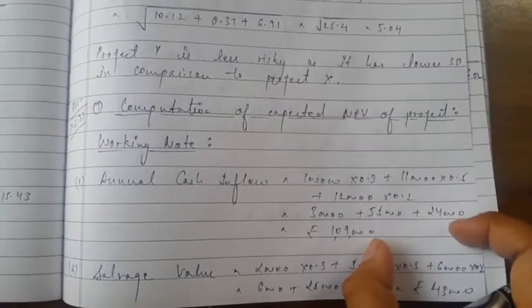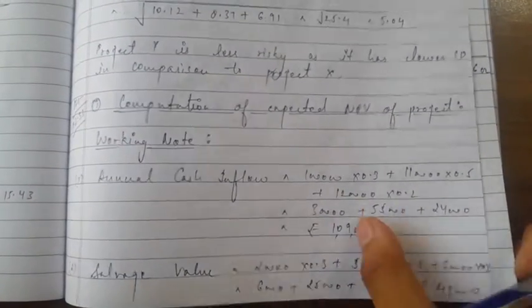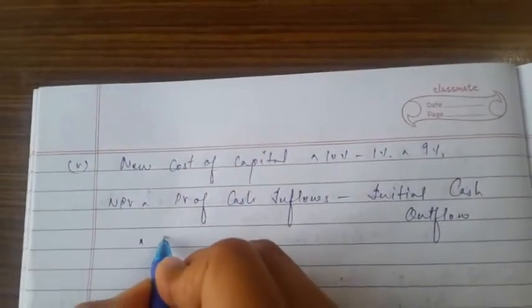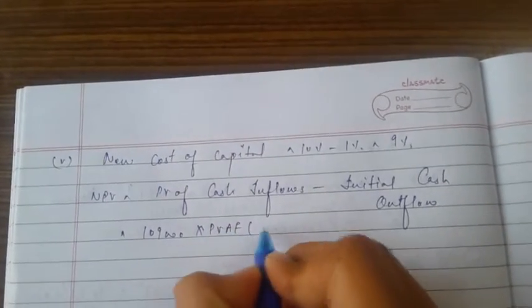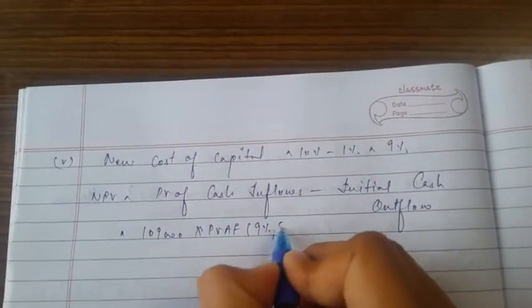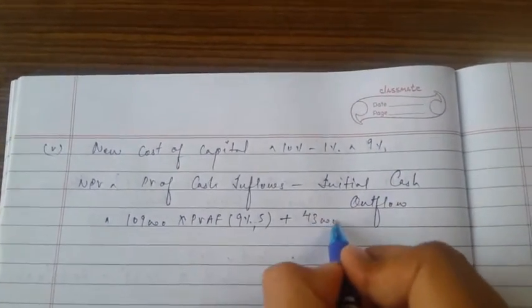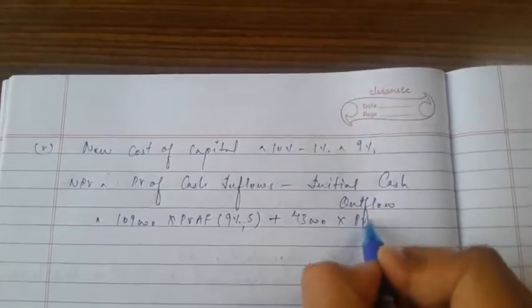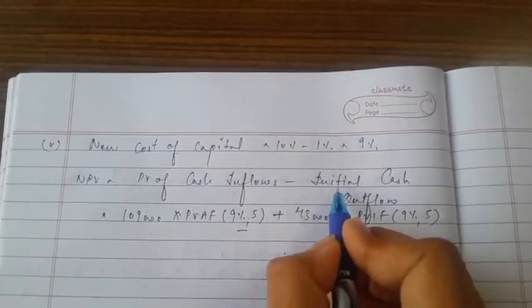When we did the first part, we computed that our annual cash inflow was 1,09,000 and our salvage value was 43,000. We'll take these two figures only. So annual cash inflow is 1,09,000, multiplied by PVAF, where R will be 9% and N will remain 5 years, plus the salvage value of 43,000 into PVIF at 9% and 5 years, minus initial cash outflow of 4 lakh.